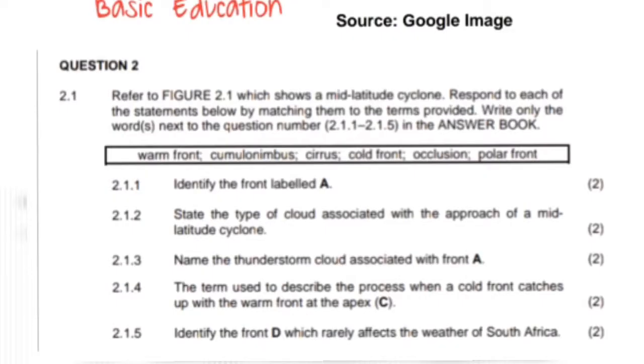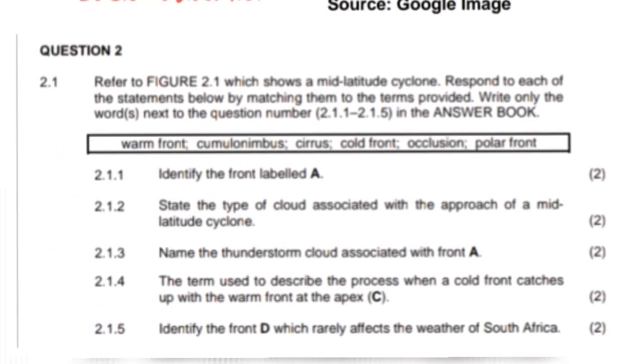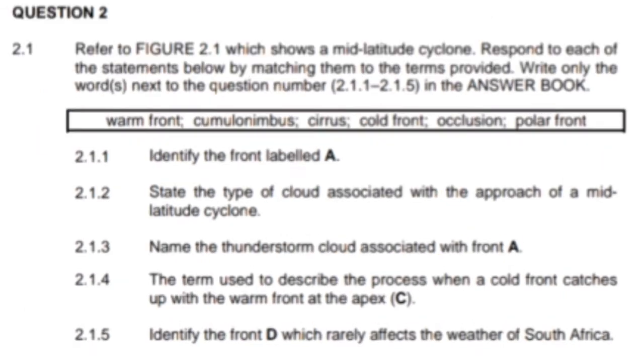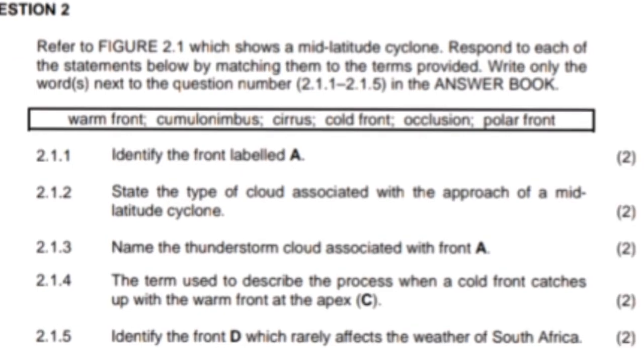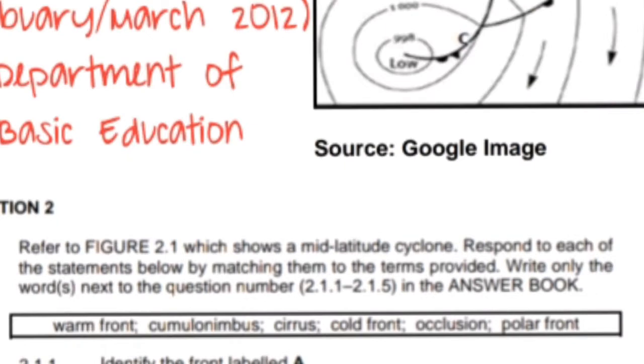Respond to each of the statements below by matching them to the terms provided. Write only the words next to the question number 2.1.1 to 2.1.5 in the answer book.